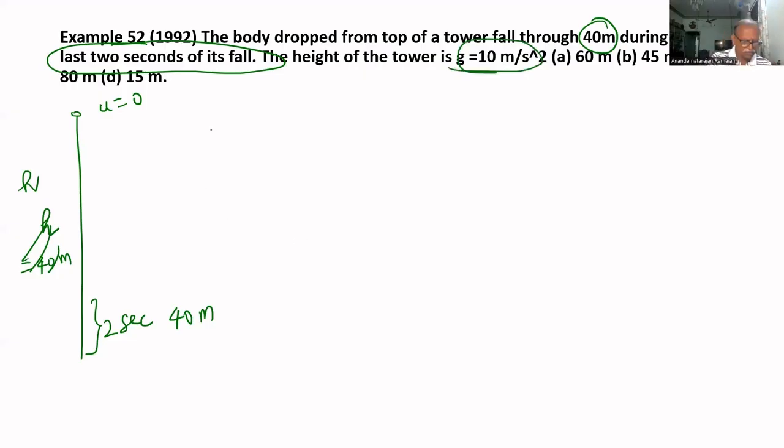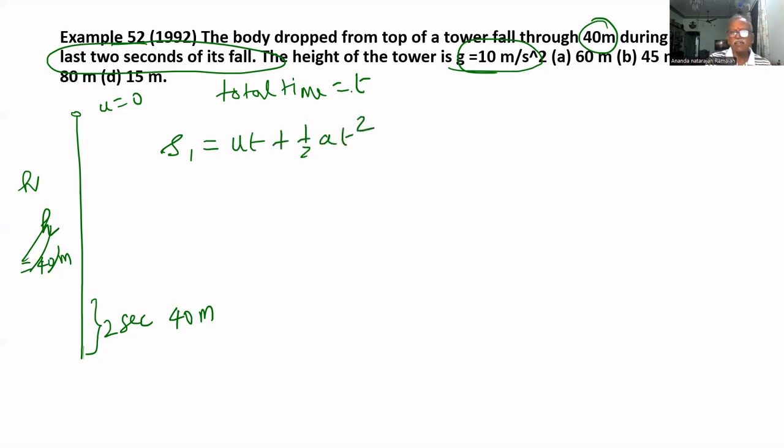So S1 equal to, totally how long it will take? S1, that is H. Total time taken is T, let us assume. S1 equal to UT plus half AT square.